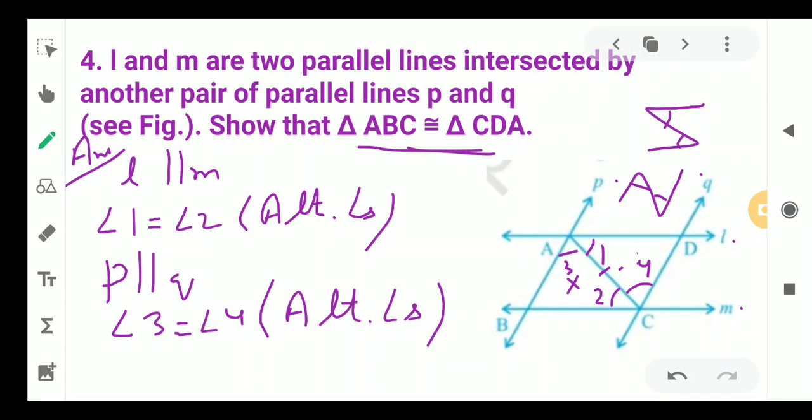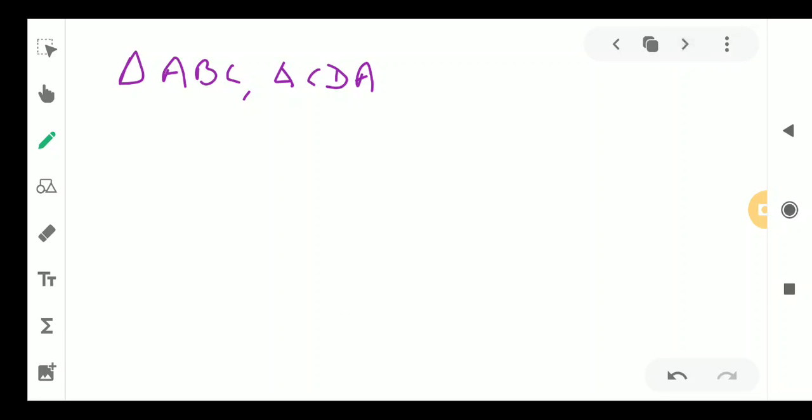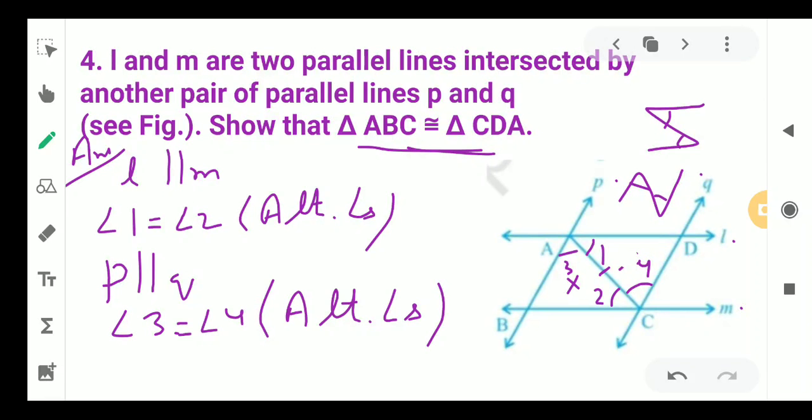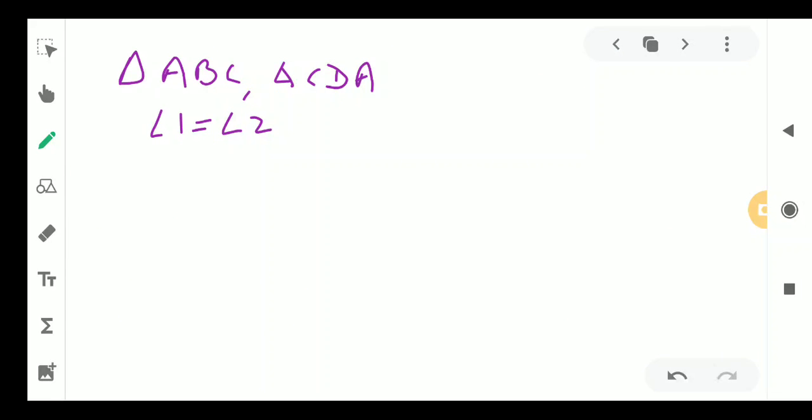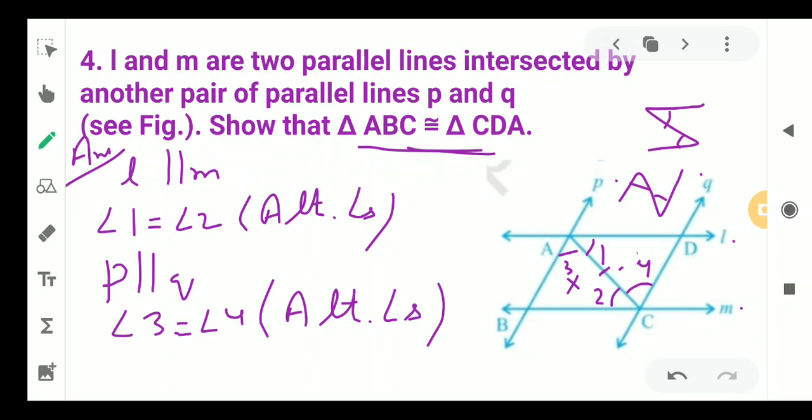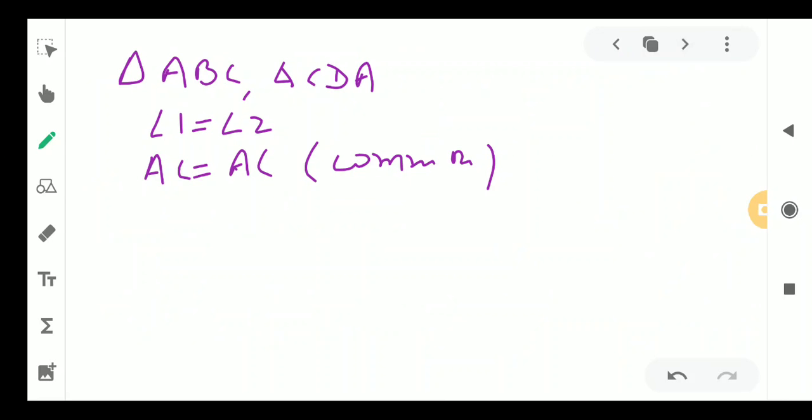Triangle ABC, triangle CDA. Now we can see angle 1 equals angle 2. Then we have shown AC is common. And then we have seen angle 3 equals angle 4.